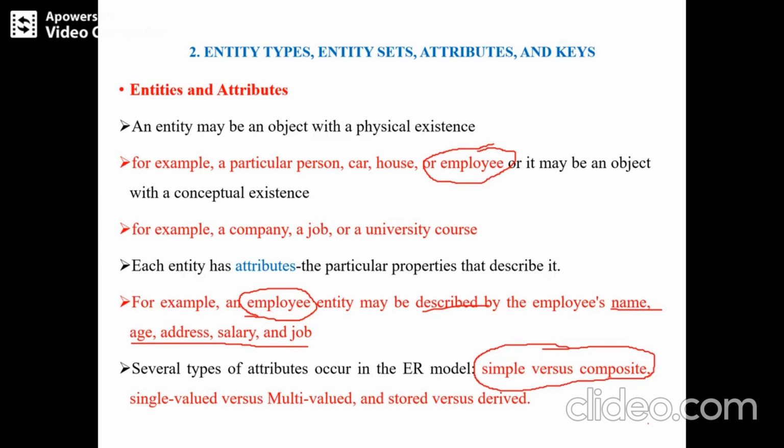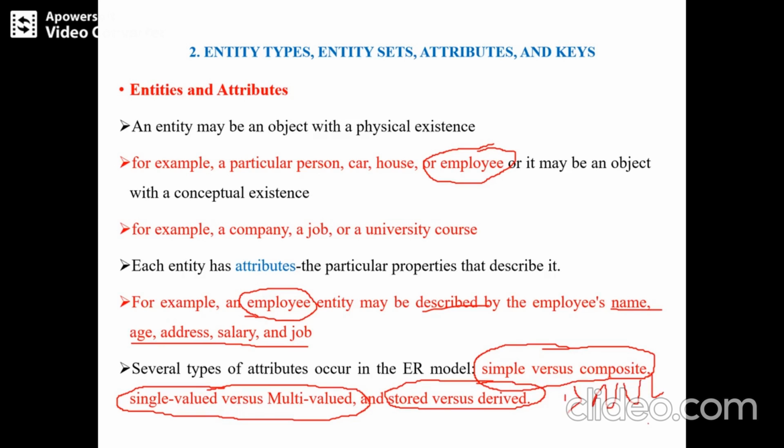The second is single-valued versus multi-valued attributes. The third is stored versus derived attributes. And one more is the null attribute. These are the several types of attributes we use in the entity relationship model.